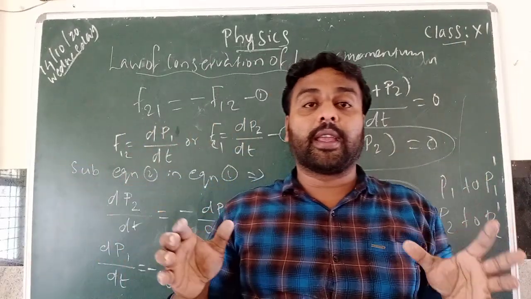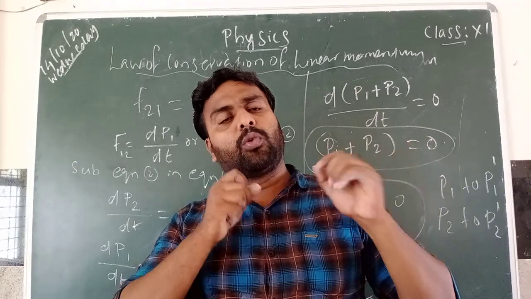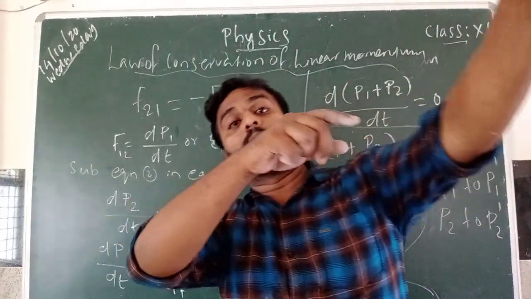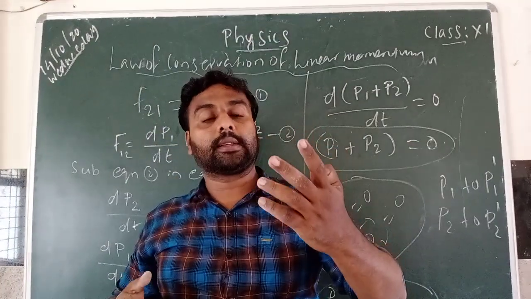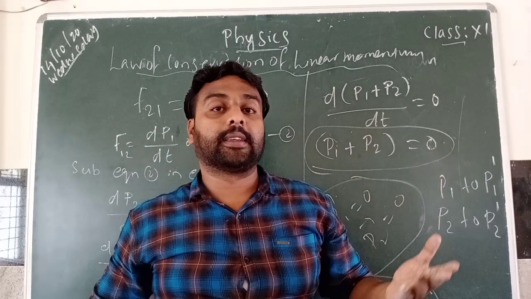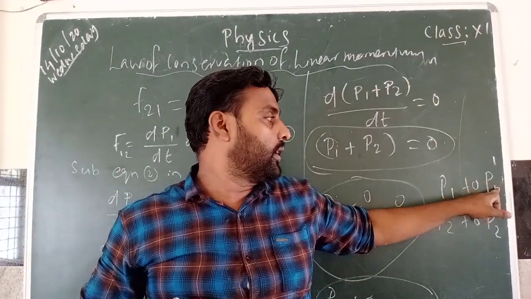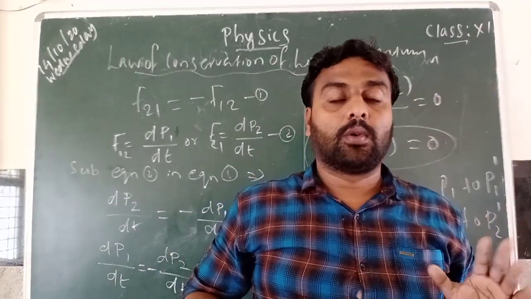Why is this happening? Once the gun is fired, the bullet moves in the forward direction. The gun moves too. The gun moving means the momentum is changing. So the momentum of particle 1 changes to particle 1 dash, a new particle 1 state.